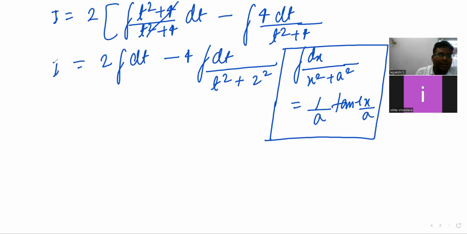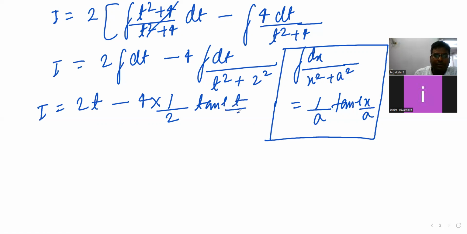So now your final answer is I equal to 2. Integration of dt is nothing but t, minus 4, right? So it will become 1 upon 2, and it will be tan inverse of t upon 2. Now put the value of t.